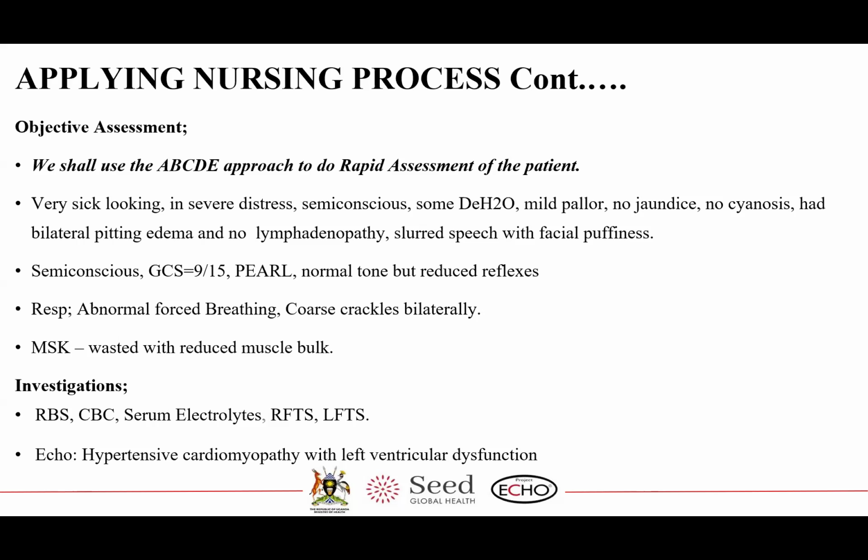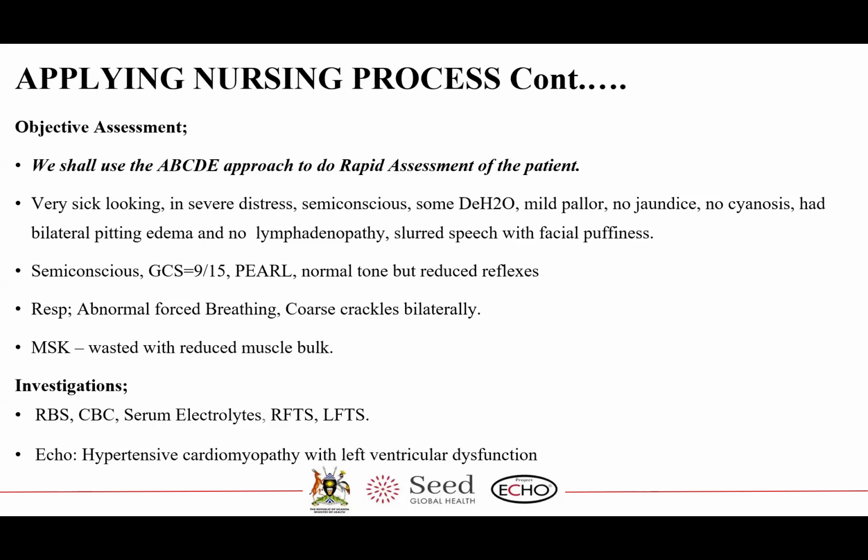Then, when we go to our objective data, we really need to do the ABCDE rapid assessment, because this is an emergency, so we shall not have time to do a systemic exam. We need to resuscitate the patient immediately, find out the problem and tackle it well.